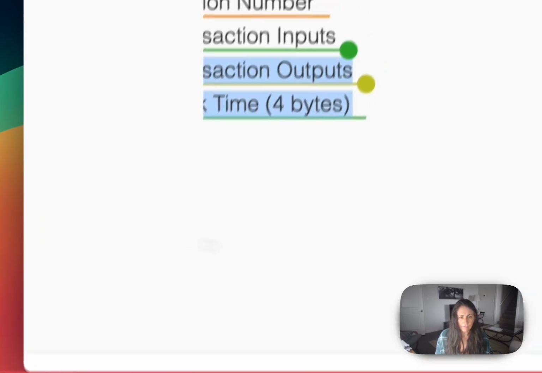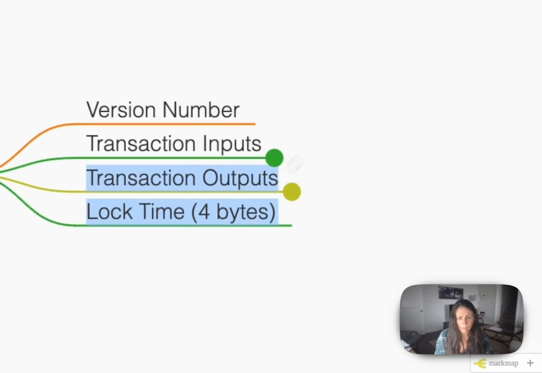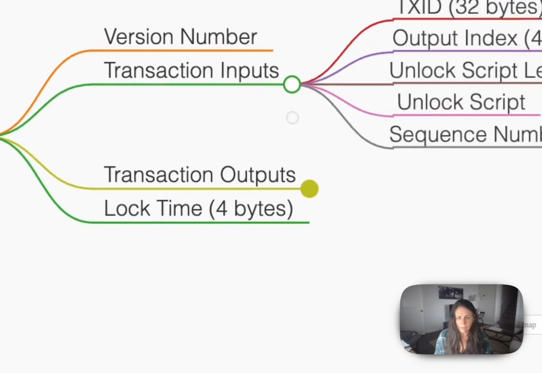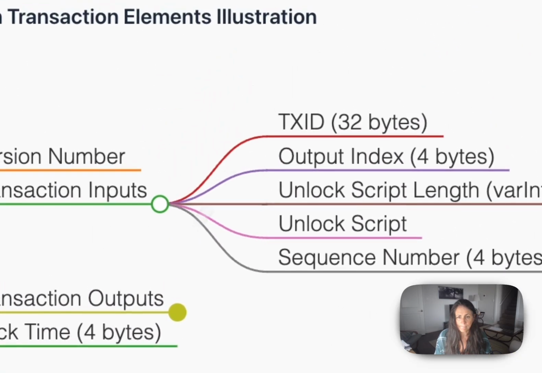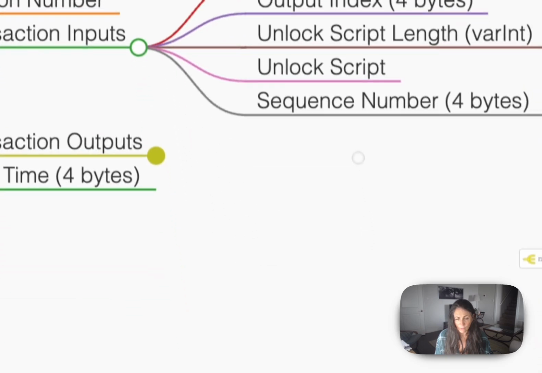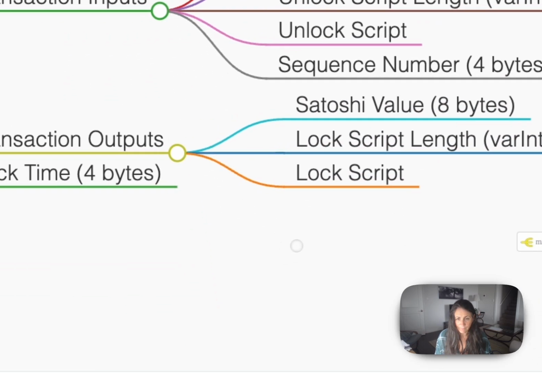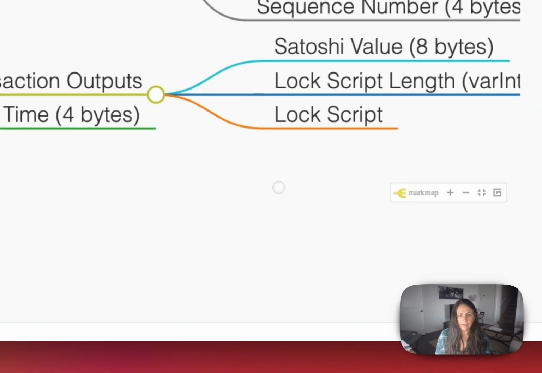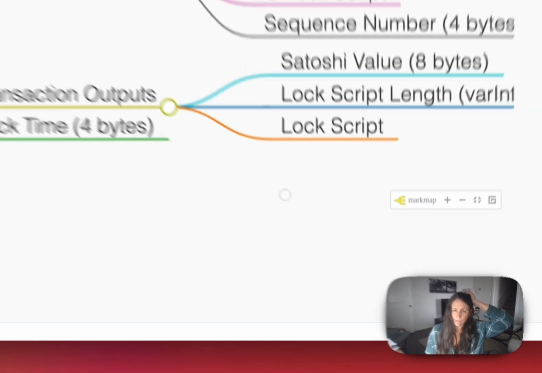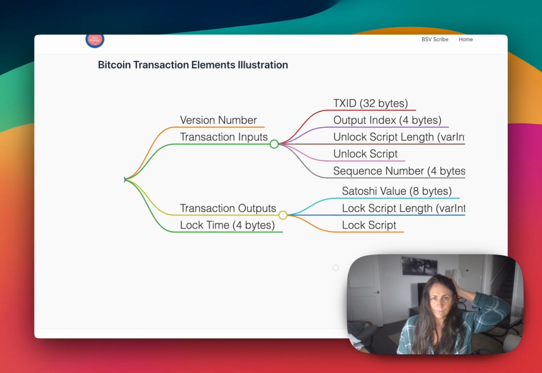So let's see what else I can show you. Let me go here to transaction inputs. Again, there are those 5 elements, and for the outputs, there are 3. In my payment example where you're paying the bill, I think I said there were 4 coins.